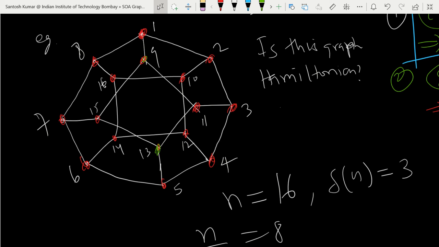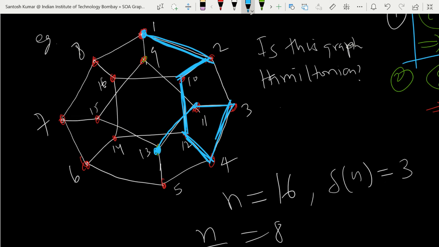So start with 1. 1 to 2, 2 to 10, 10 to 12, 12 to 4, and 4 to 3, 3 to 11, 11 to 13.